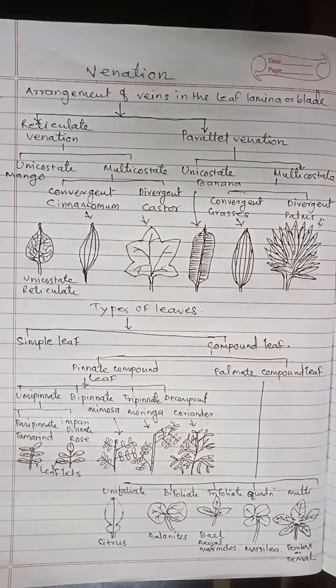Bombax means in our college premises there are big trees of semal, that is Bombax species. In this, multifoliate type of palmately compound leaves are present. This is all about the venation, its types of leaves and their subtypes. Thank you.